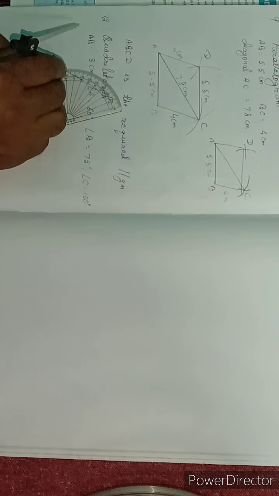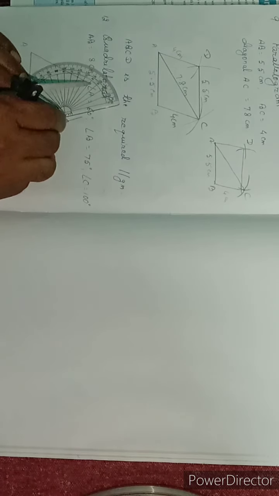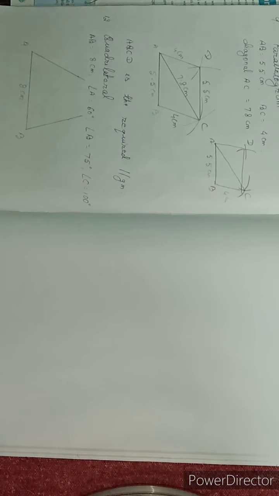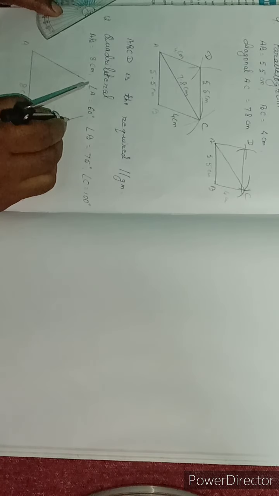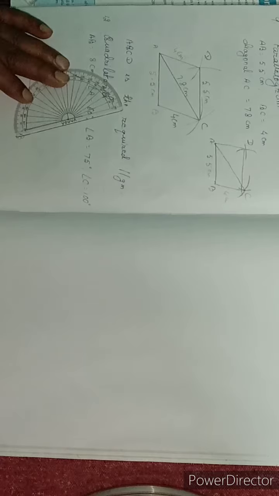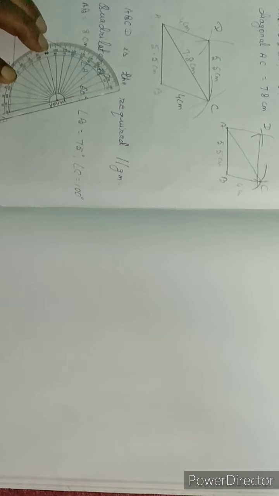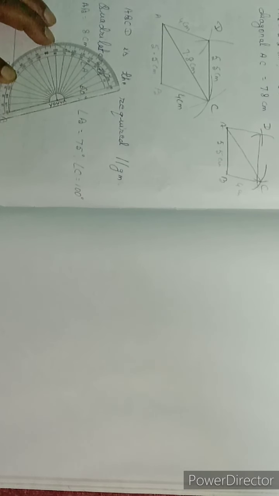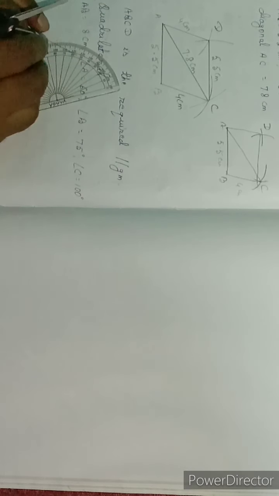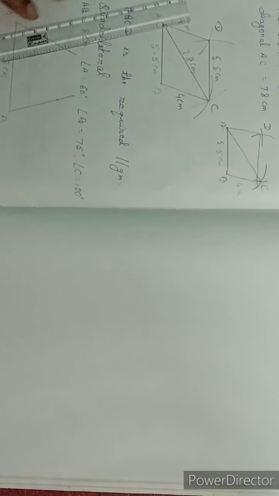Here is the point for 100 degree. Once more, suppose we choose a point here, so at this point we will make 100 degree. This line is of 100 degree. We mark there. Now we join it.